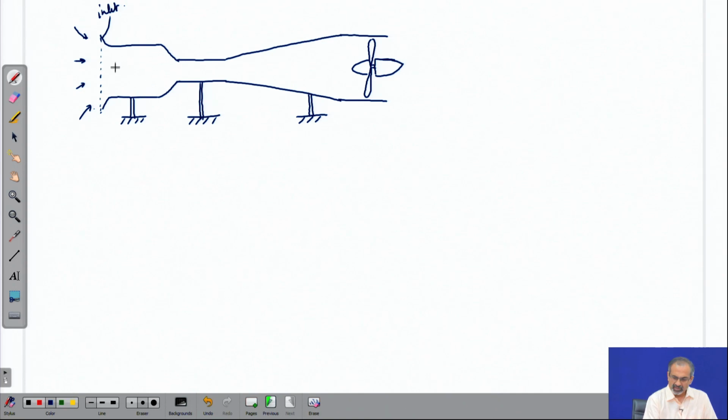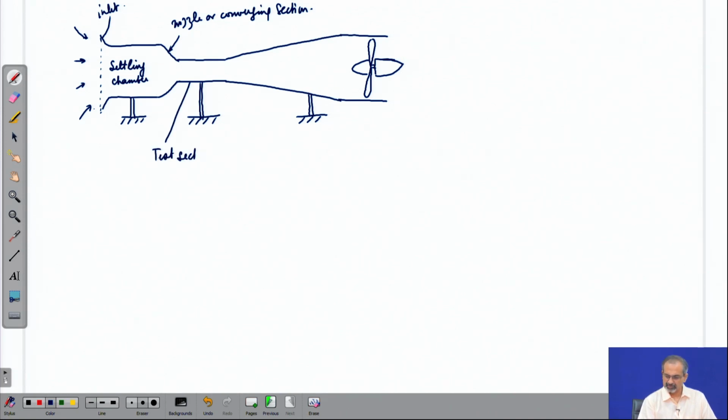and then it has a large cross sectional area chamber, which is called the settling chamber, followed by a reducing cross section, which is often called the nozzle or converging section, and then it is brought into the test section, which basically has the lowest cross section, and this is where we mount the models for testing, where the highest velocities are available.